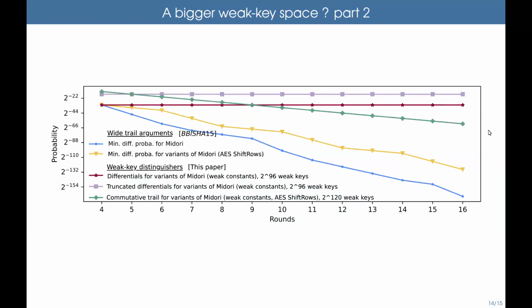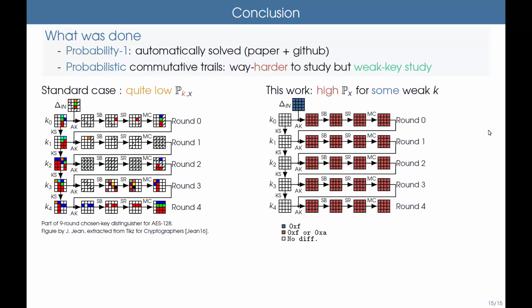So this gives us the green line here for our distinguisher, if we expect to pay 2 to the minus 4 per round. And it has to be compared with the yellow curve here, because we are using the AES ShiftRows in that case.